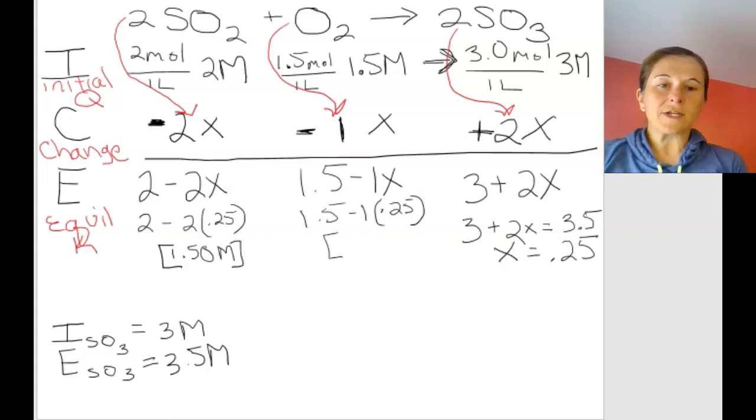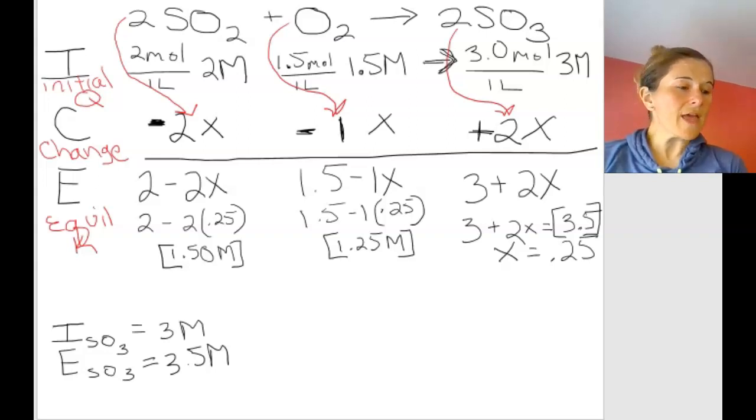And our concentration of oxygen is going to be 1.25 molar. And then this guy, we already know our concentration here is 3.5, right? Okay, excellent. So now we can solve for K.